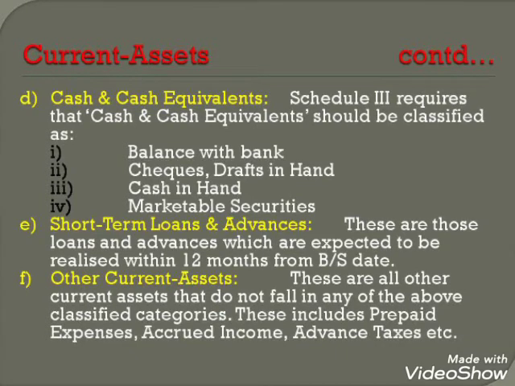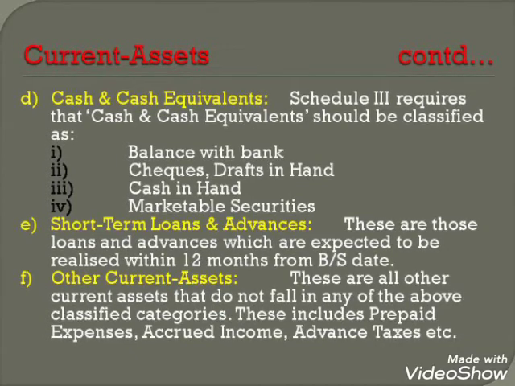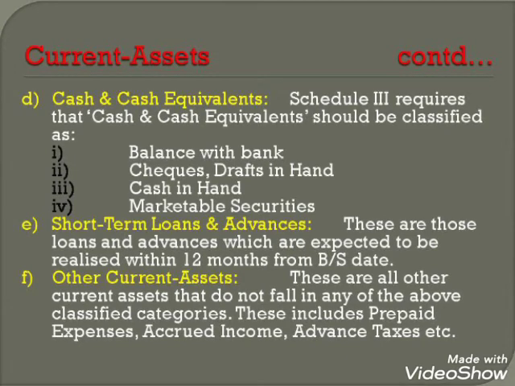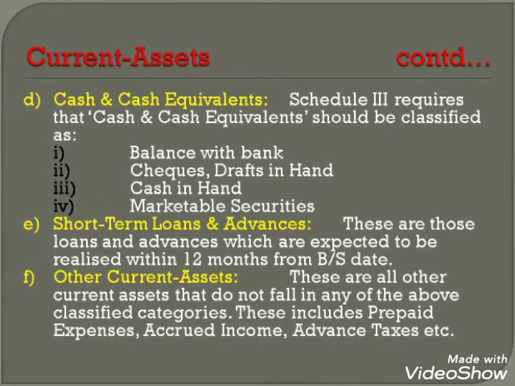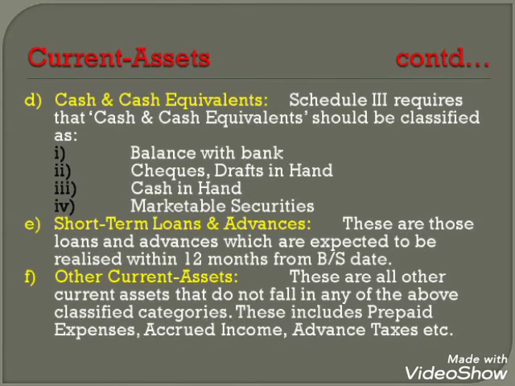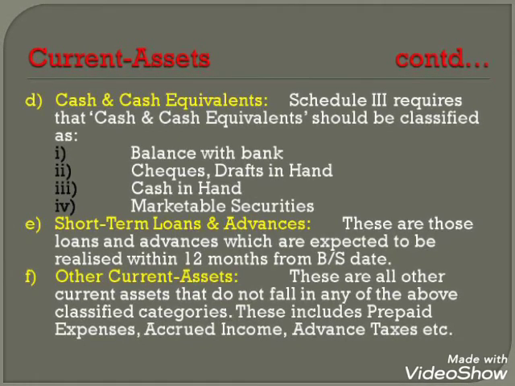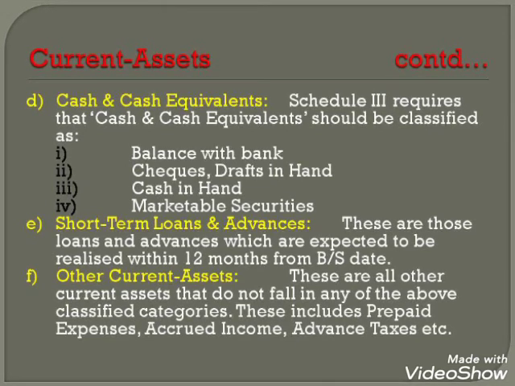Schedule 3 requires that cash and cash equivalents should be classified as balance with bank, checks or drafts in hand, cash in hand, and marketable securities. Fifth is short-term loans and advances. These are those loans and advances which are expected to be realized within 12 months from the balance sheet date.